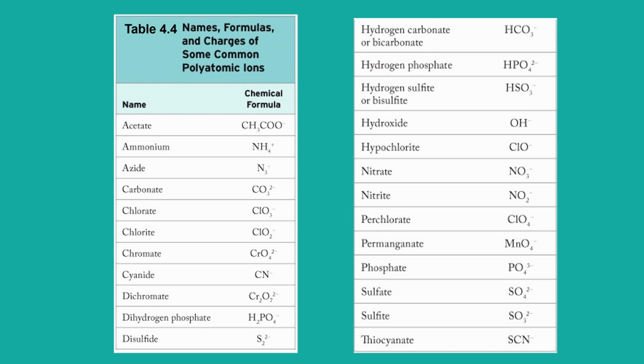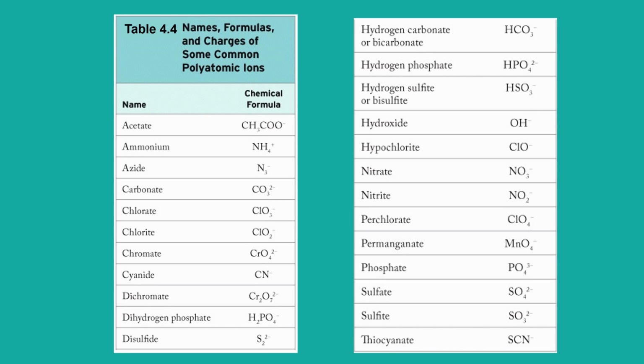So a few things I've noticed while trying to memorize the polyatomic ions is that there is a way to tell which of the ions end in ate or ite.